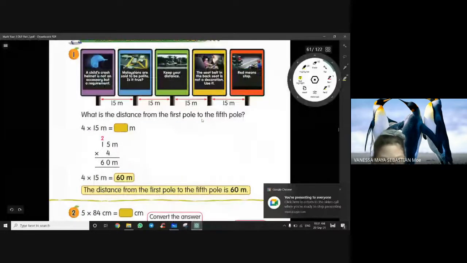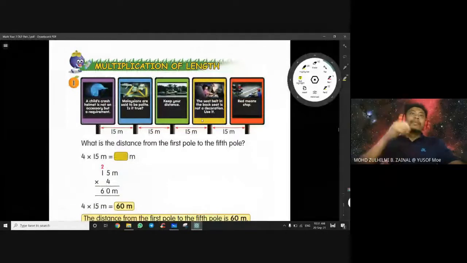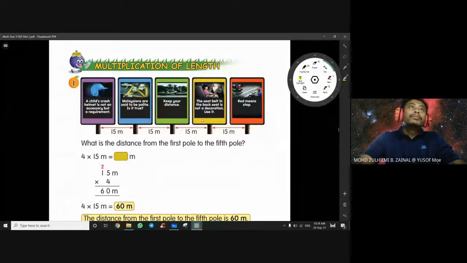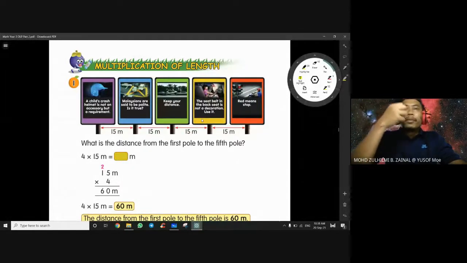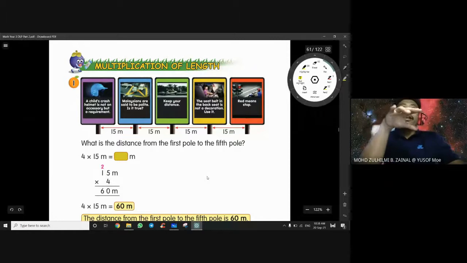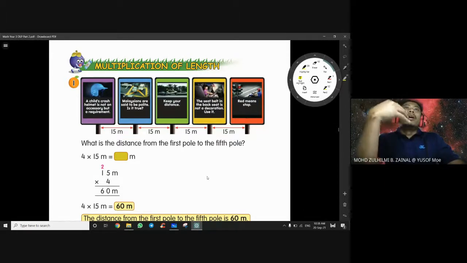Alright. So, multiplication of length. Multiplication of length tu the same method. The same thing. If we look back at the multiplication topic, it was applying the same method lah.